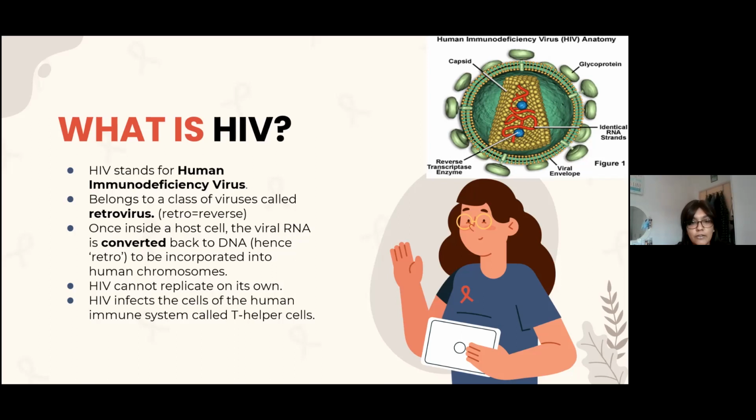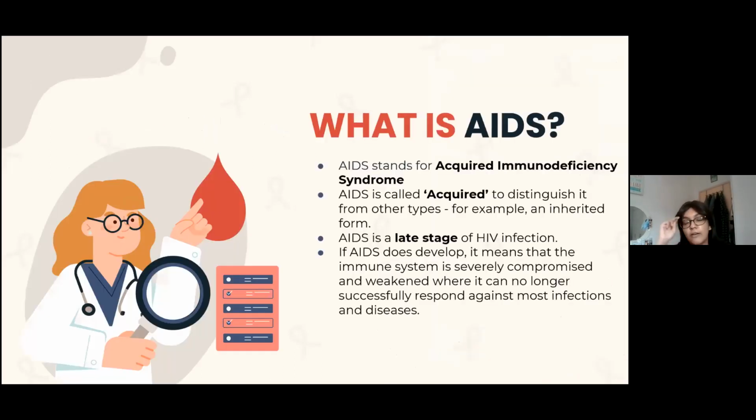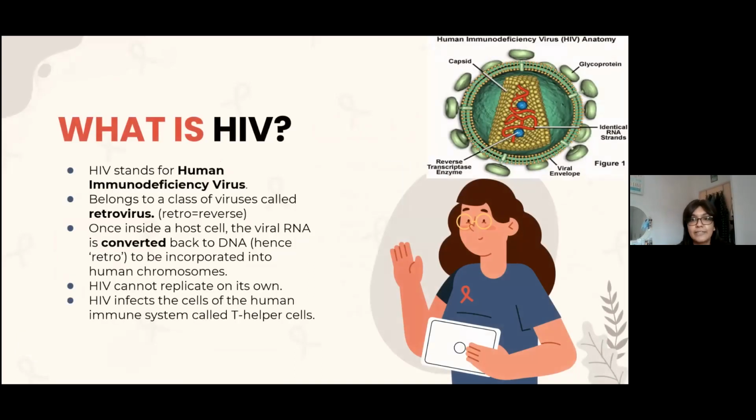Next, HIV cannot replicate on its own, and HIV infects the cells of the human immune system called the T helper cells. As you can see on the right top is the structure of the HIV virus.